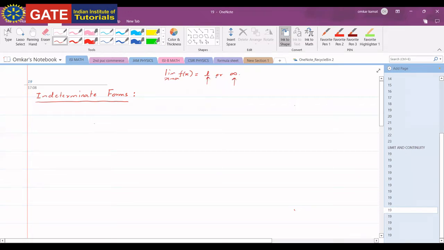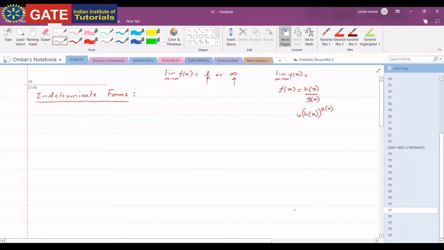But there are also some limits which are called meaningless limits, like limit as x tends to a of f of x. On substituting the value for this function, f of x may be a rational function. By rational function I mean f of x is equal to h of x by g of x, or h of x to the power g of x, an exponential function.